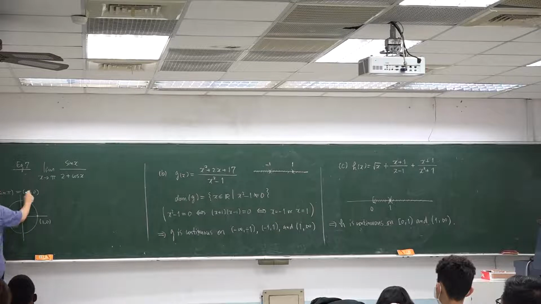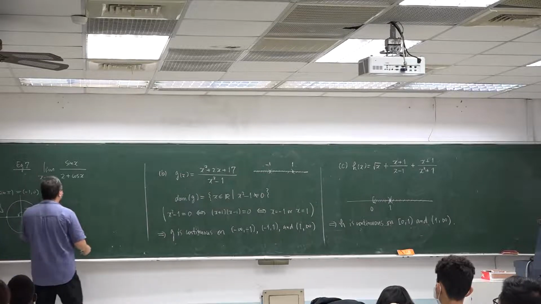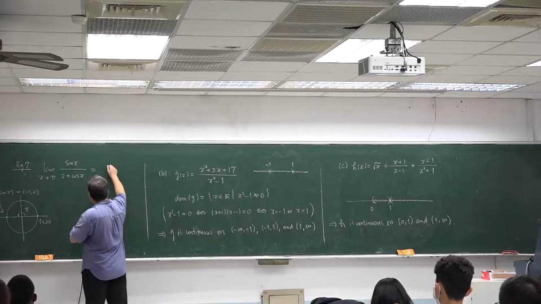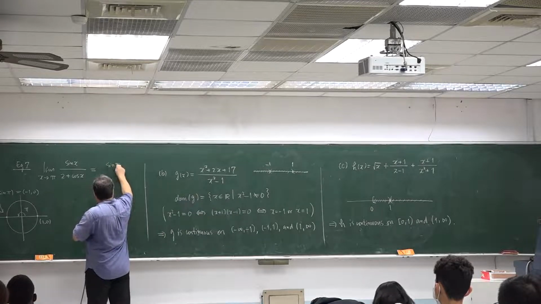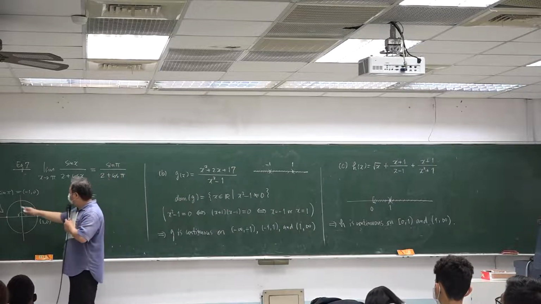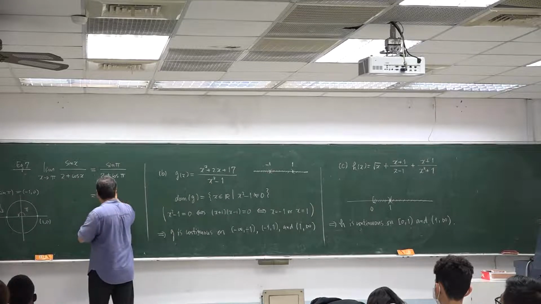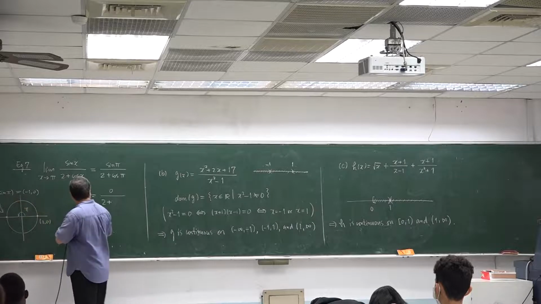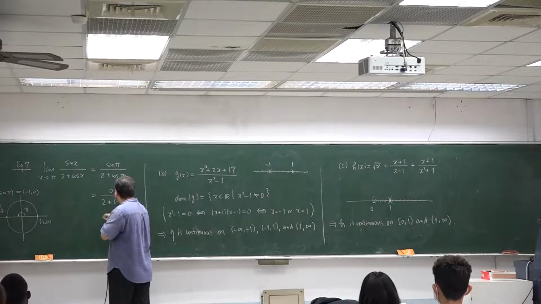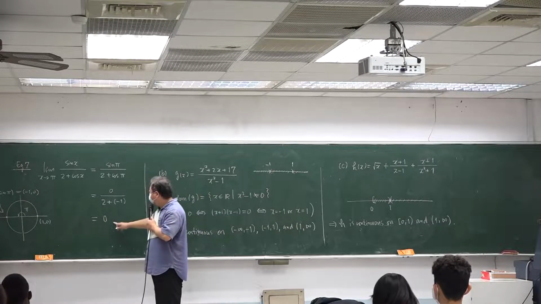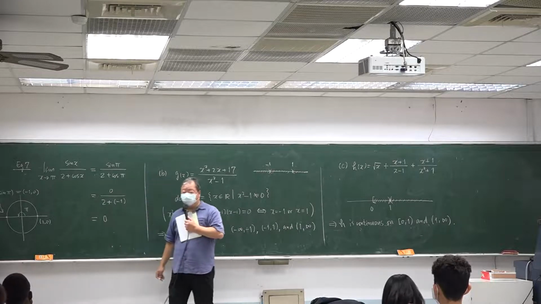So cosine pi is -1. Since this function is continuous at pi, sine pi is 0 and cosine pi is -1. 0 over -1 is 0.